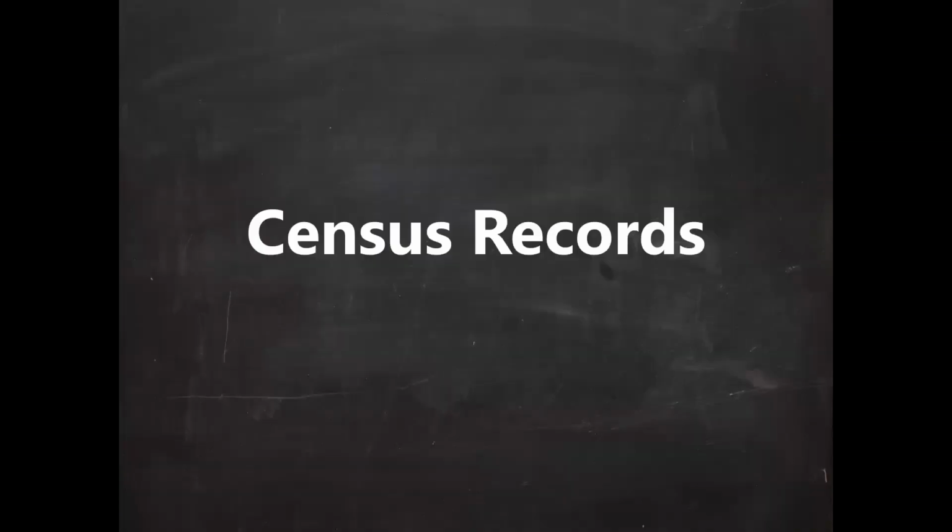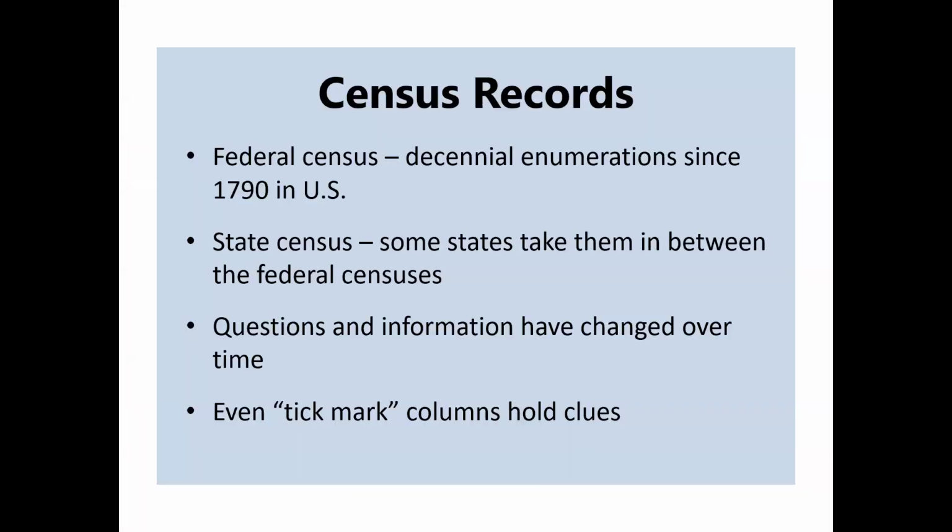Census records are another resource we use all the time. Federal census, the decennial enumerations, began in 1791. They continue every 10 years. Some states have taken to doing a state census in between the federal censuses.